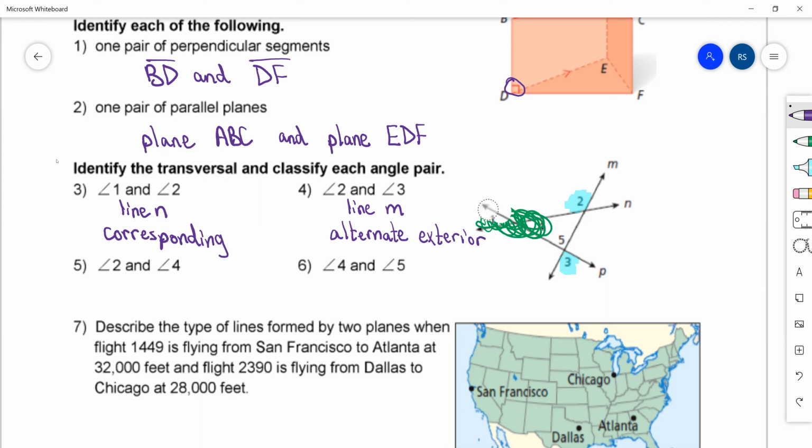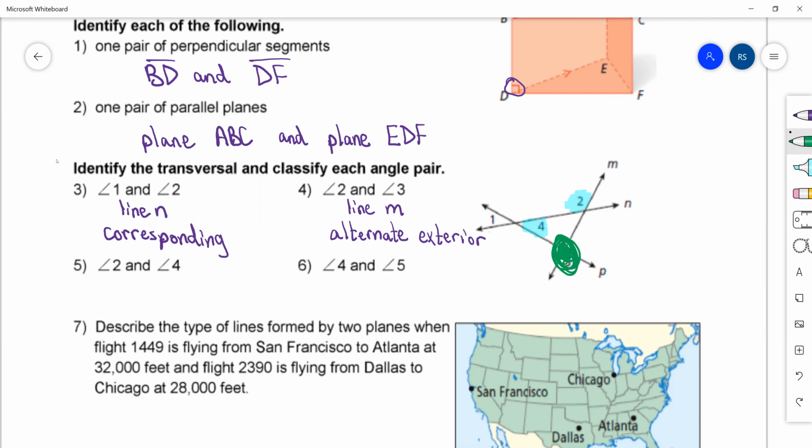Okay, then next one, they ask us about angle 2 and angle 4. We don't deal with this corner, so we're going to cover it up. Which line is our transversal that cuts through the whole picture?